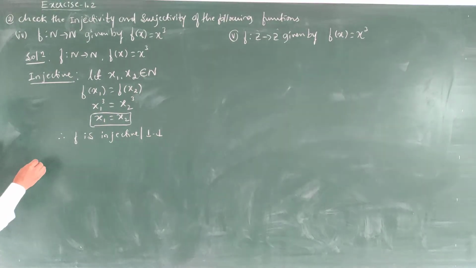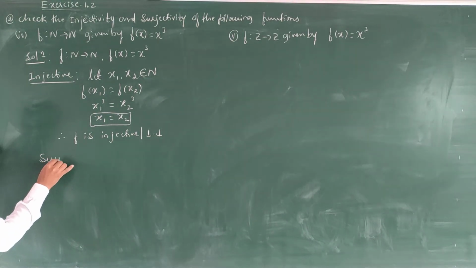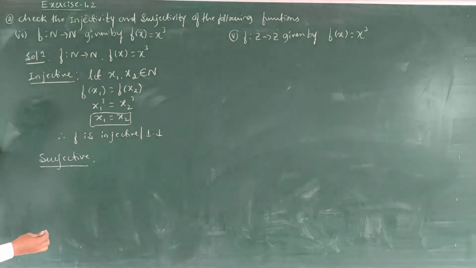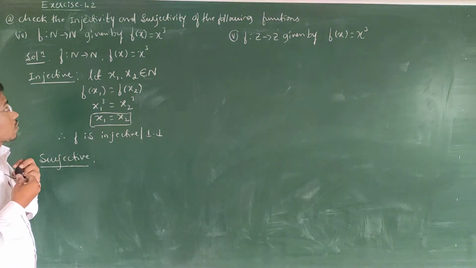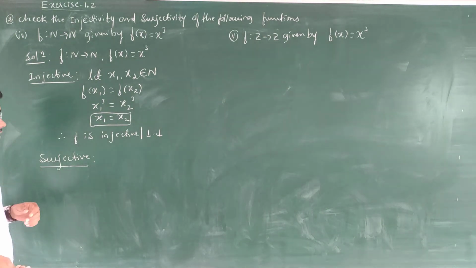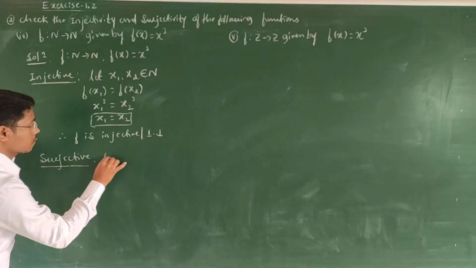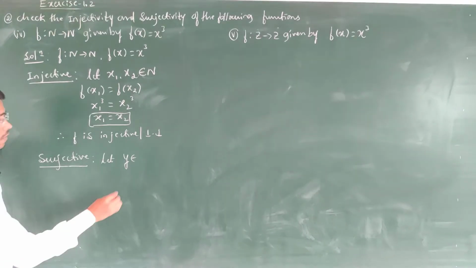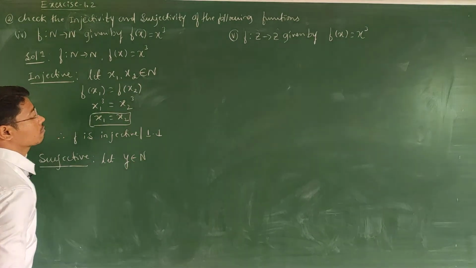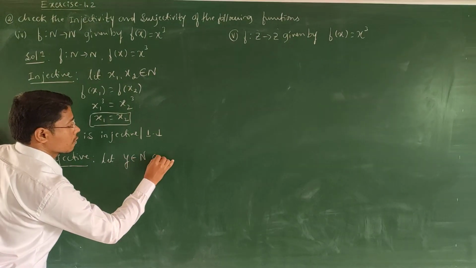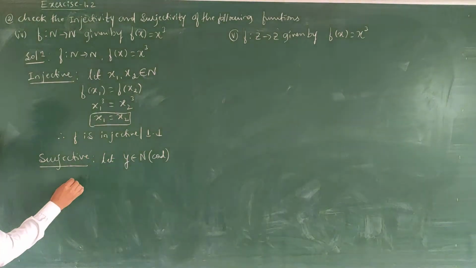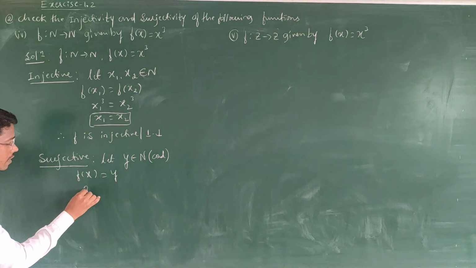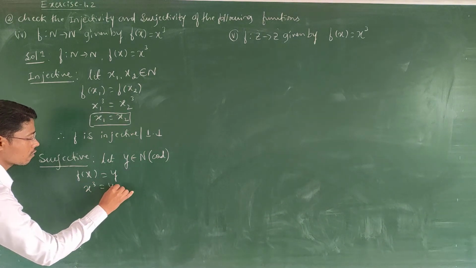Next is surjective, right? For surjectivity, let y belong to the set of natural numbers, the codomain set. Then f of x equal to y, f of x is x cube, equal to y.